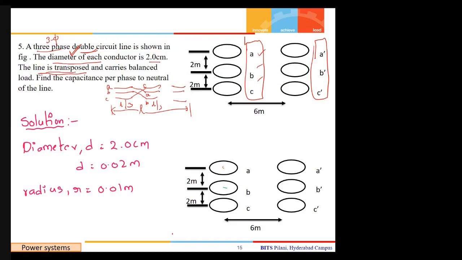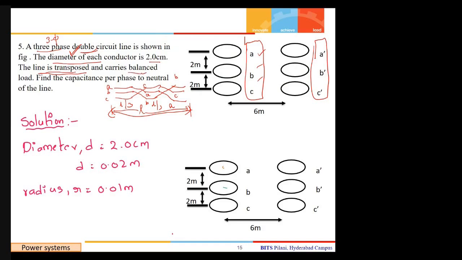Now A will come here, C will come here, and B will go. Why are we doing this transposition? So that over the length of the transmission line, the capacitance remains the same. The capacitance does not change. That is the reason we do the transposition of the line.